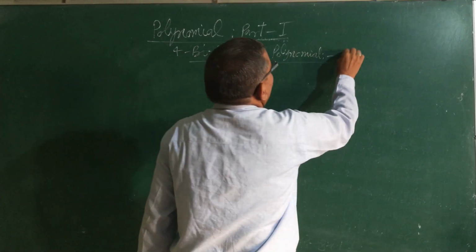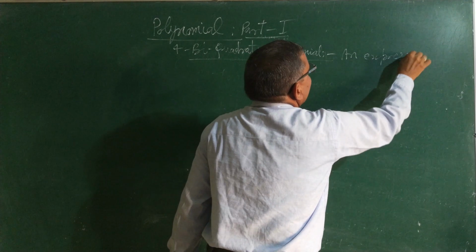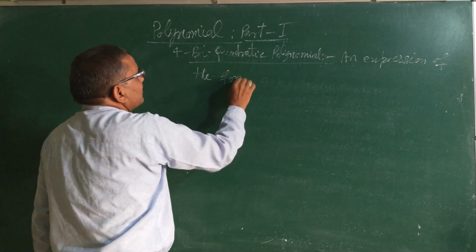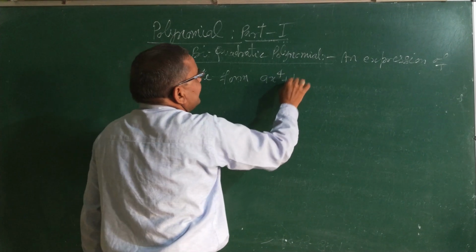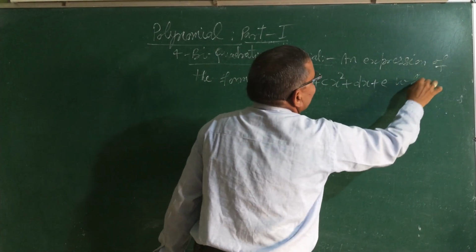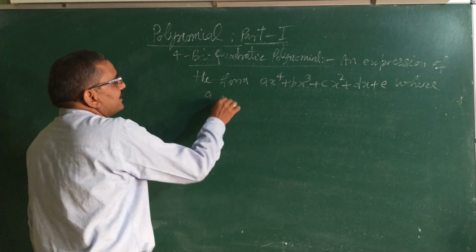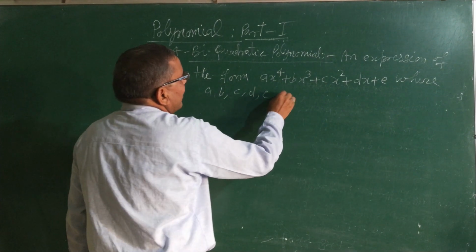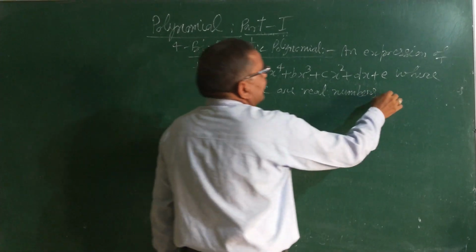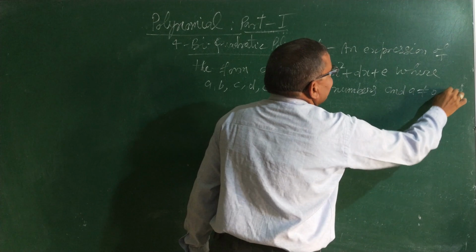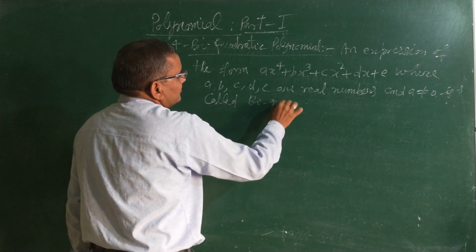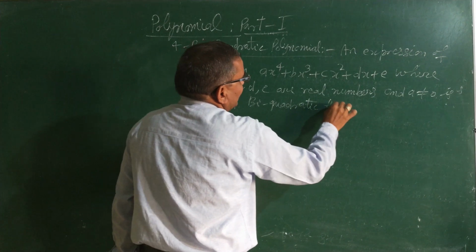An expression of the form ax power 4 plus bx cube plus cx square plus dx plus e, where a, b, c, d, e are real numbers and a not equal to 0, is called biquadratic polynomial.